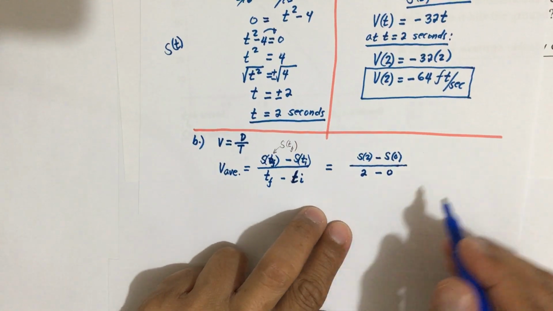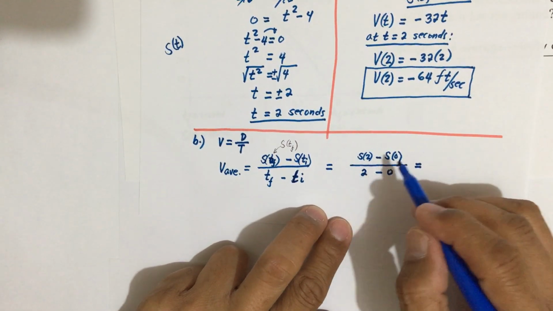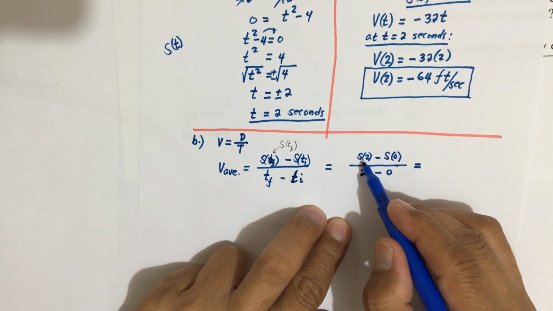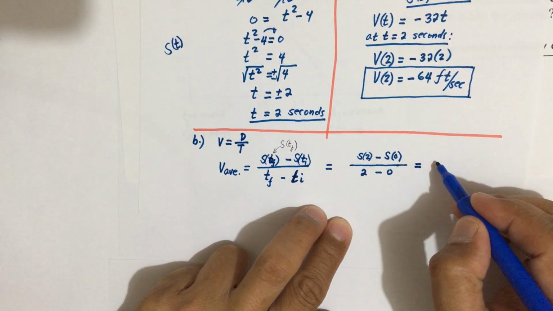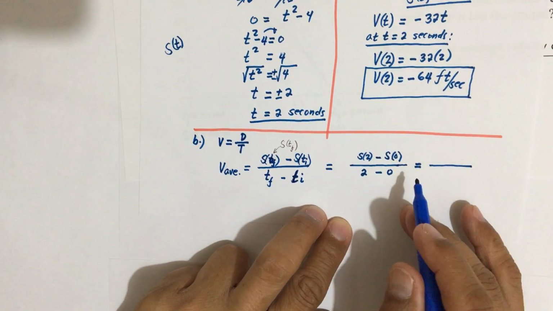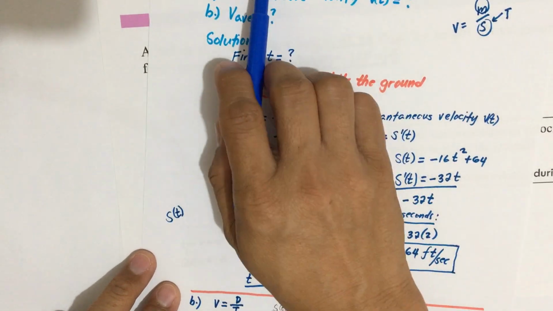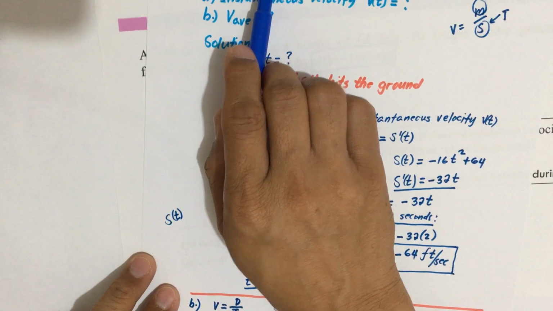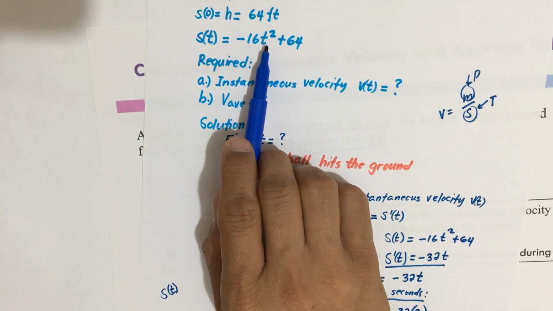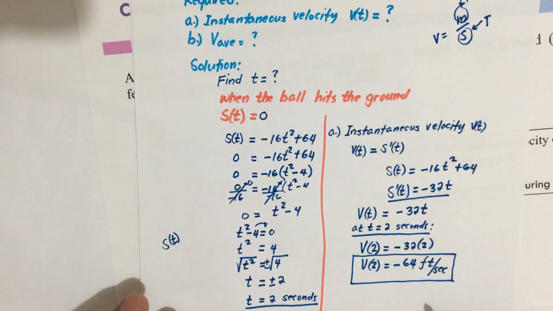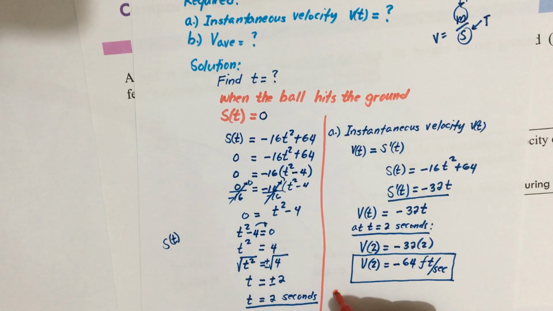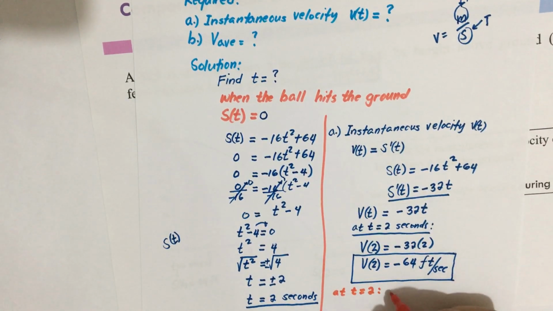Then substituting, we have s sub 2, meaning the distance of the ball from the ground when the ball hits the ground. So you just substitute, class. When the time is 2 seconds, t equal to 2 seconds, we have s sub 2.